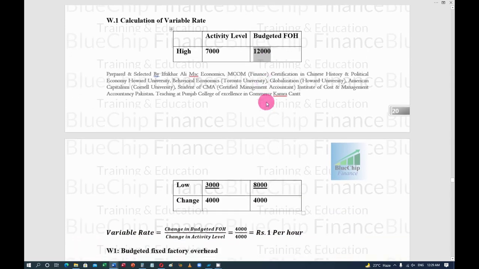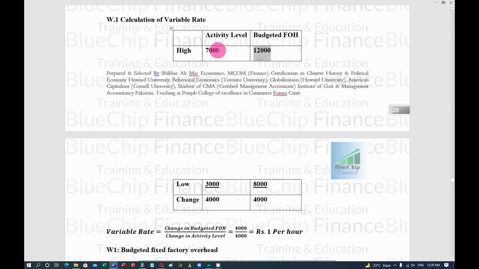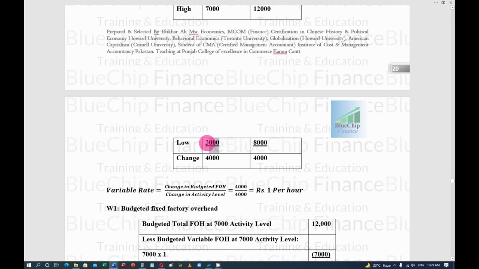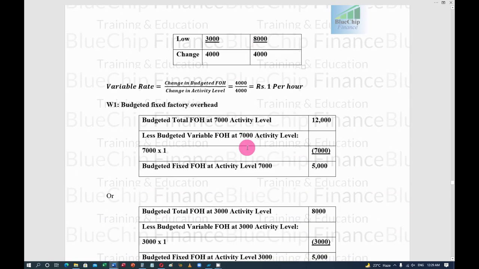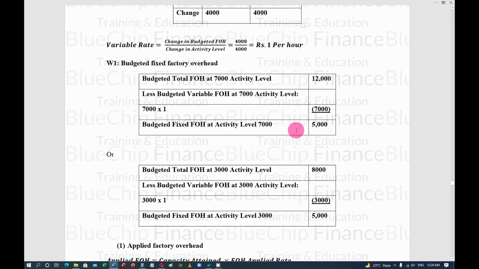If your variable rate is 1, at activity level 7,000 your variable budgeted FOH is 7,000 multiplied by 1, equals 7,000, and total budgeted FOH is 12,000. So 12,000 minus 7,000 equals 5,000. If you calculate at the 3,000 activity level, with variable rate 1, 3,000 multiplied by 1 equals 3,000, and 8,000 minus 3,000 equals 5,000. So at both activity levels, your budgeted fixed FOH is 5,000.